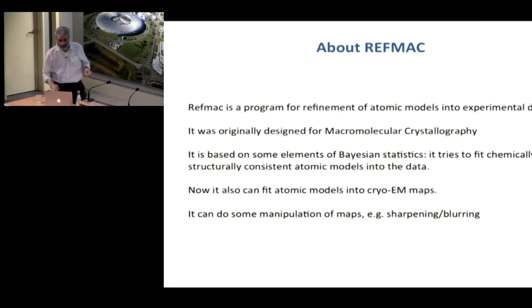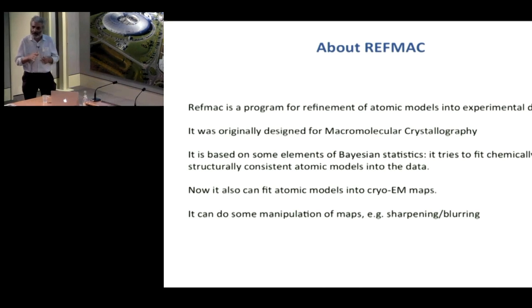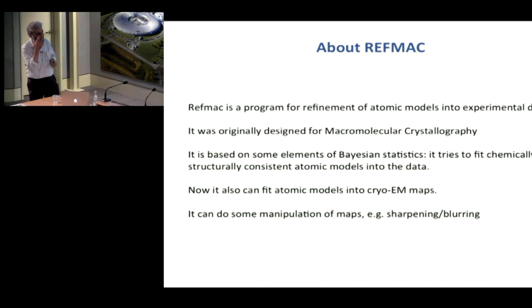REFMAC is just one of the programs for refinement of atomic models, and it was originally designed for macromolecular crystallography. It was not designed for cryo-EM maps. A few years ago, when high-resolution maps became available, we had to adapt our programs to make them suitable for EM maps.